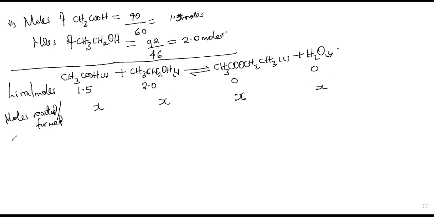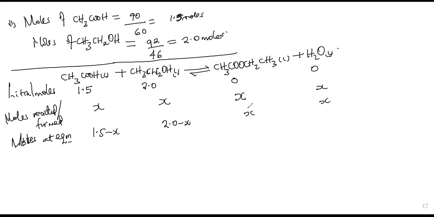Now, then we get moles at equilibrium. Moles at equilibrium, we subtract. So here we shall have initial moles minus moles used, initial moles minus moles used, and this will keep X, because if you have 0 minus X, you keep negative X, but we can't have moles as negative.